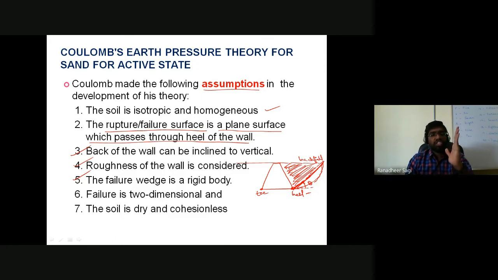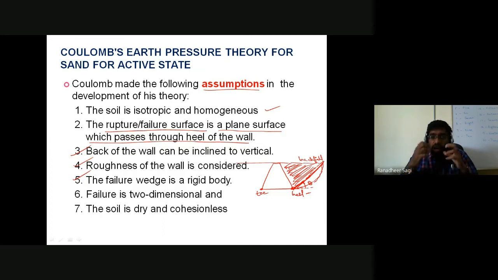If the retaining wall is trying to move towards the soil, then the retaining wall pushes that soil wedge, and the soil wedge tries to slide in the upper direction along that failure surface. So the soil wedge is considered to be a rigid block where internal deformations are assumed to be zero.